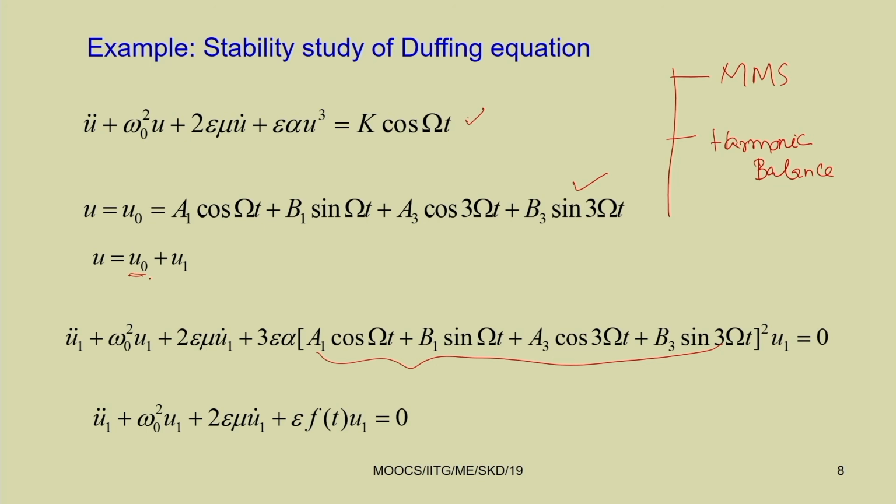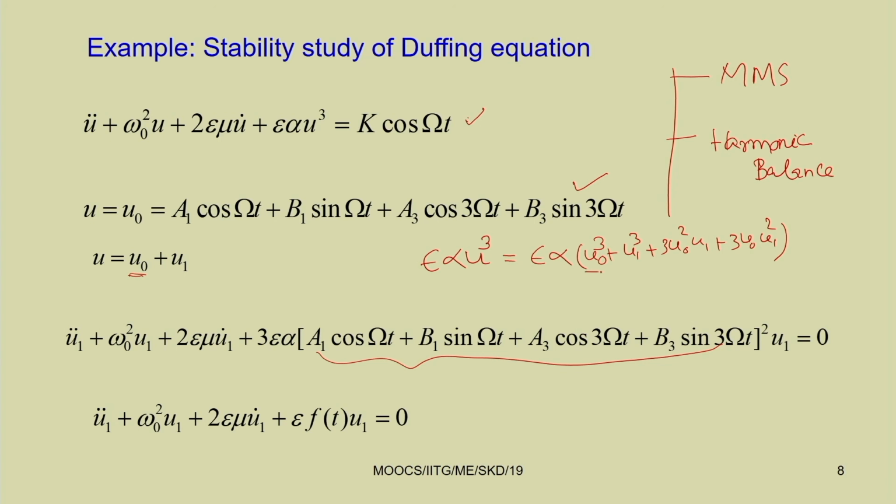That means, expanding epsilon alpha u cube by substituting u equal to u0 plus u1, you can write epsilon alpha times u0 cube plus u1 cube plus 3 u0 square u1 plus 3 u0 u1 square. This way you can expand it and see.